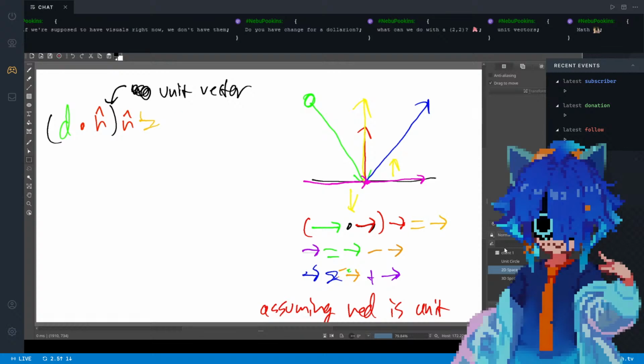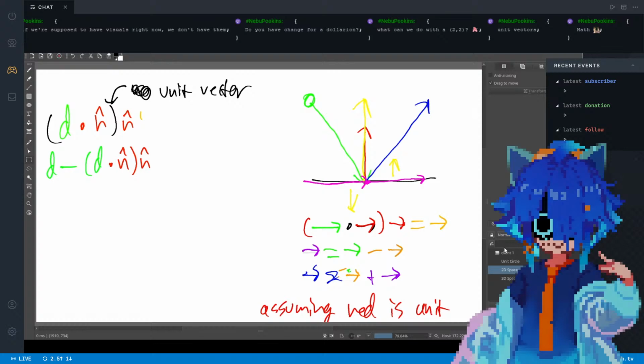Then, if we want to find the non-normal part, we take our direction vector and subtract that. So we subtract off D dotted with the normal vector times the normal vector.